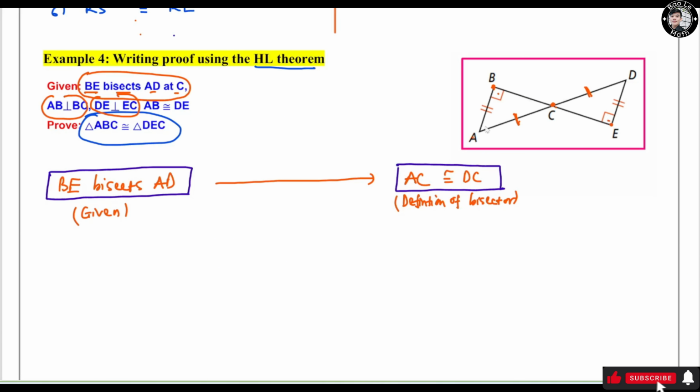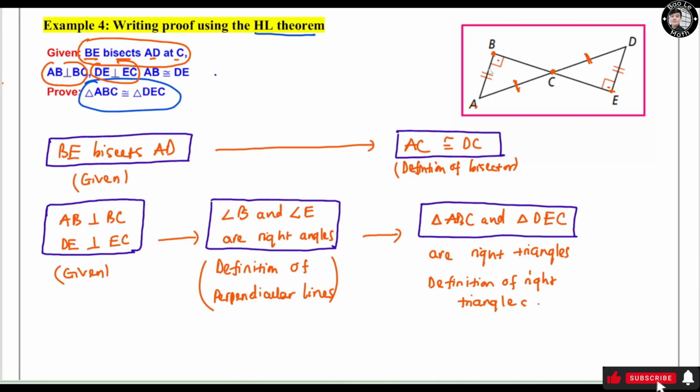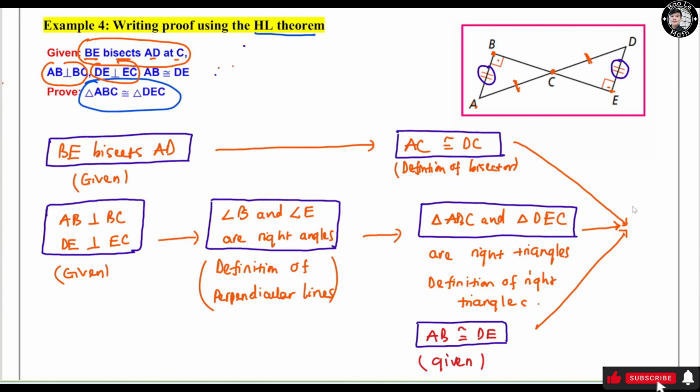Then we can conclude that triangle ABC and triangle DEC are right triangles by the definition of right triangle. AB is congruent to DE, given. Now from these three facts, we can conclude that triangle ABC is congruent to triangle DEC by the HL theorem.